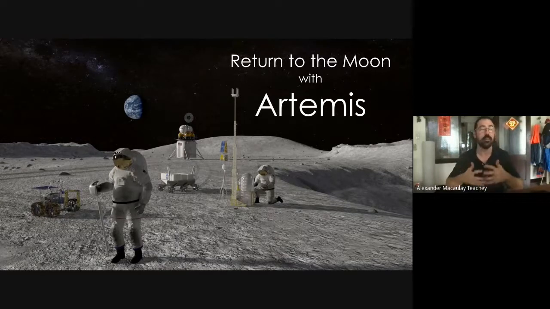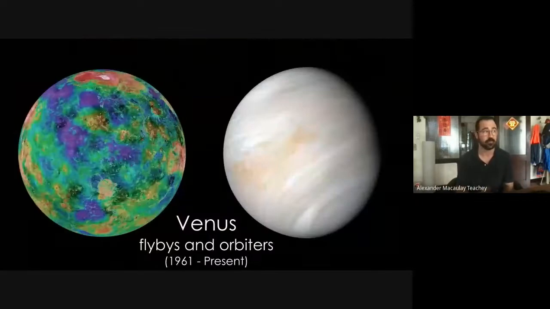So that's where they're going. There was talk of having this happen as soon as 2024. I don't think that's going to happen, but certainly I think within the end of the decade, by 2030, it's a safe bet that we should see human beings on the moon once again if everything goes to plan. So that's very exciting.